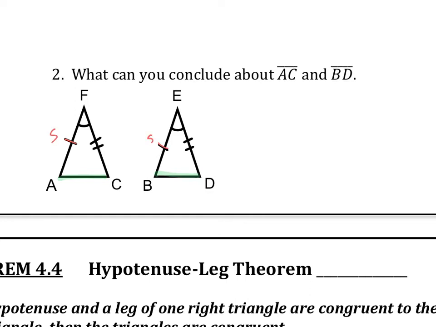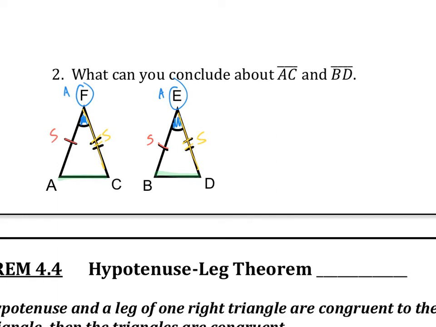AF is congruent to BF. We have one angle congruent. Angle F is congruent to angle E. And then we have a second side congruent. You can see that yellow side. So we actually have side angle side congruence here.